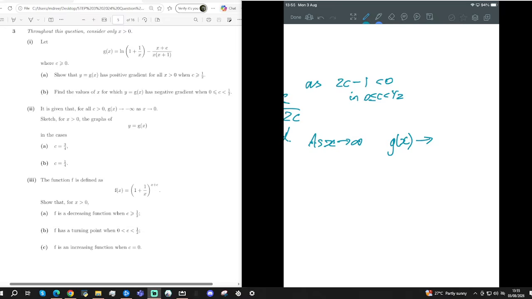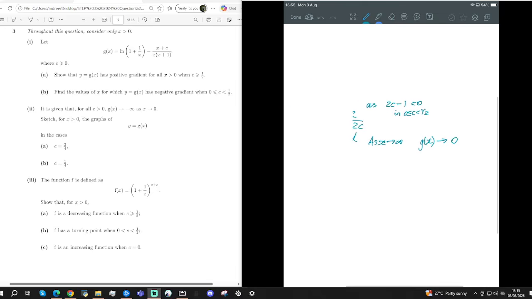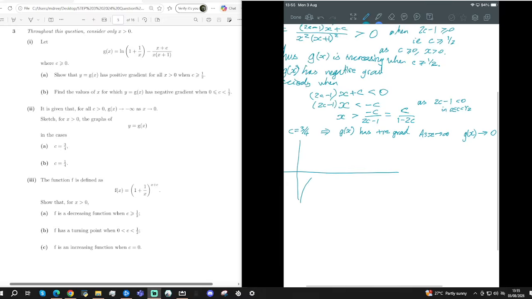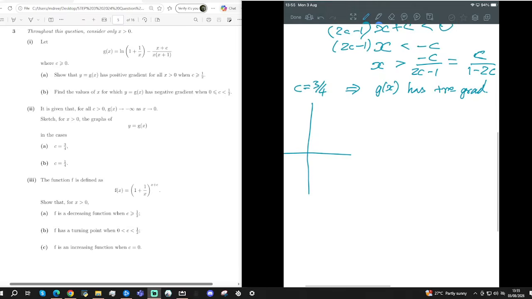And the other term is linear over quadratic. The quadratic on the denominator wins, so that's also going to look like 0. So g of x is also going to tend towards 0. So we have the positive x-axis also being an asymptote. So you've got the y-axis being an asymptote and x-axis being an asymptote, a positive gradient always, which in particular means there are no stationary points.